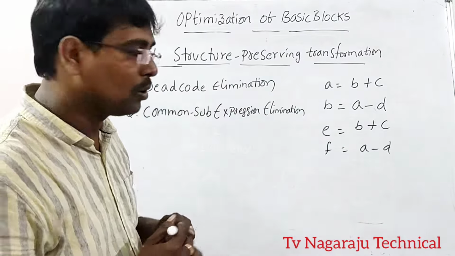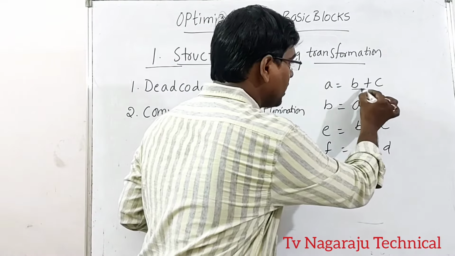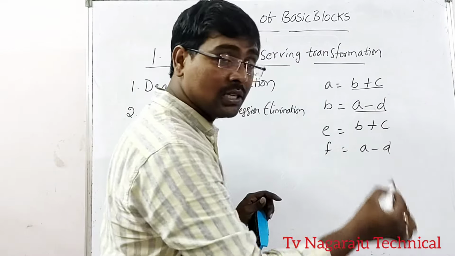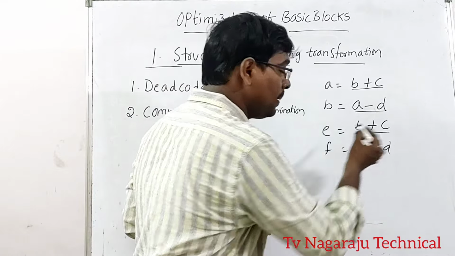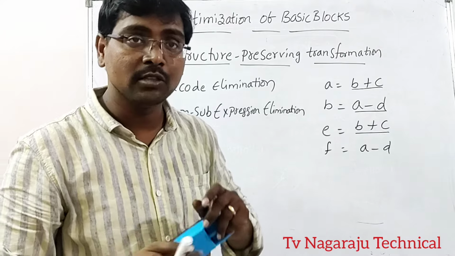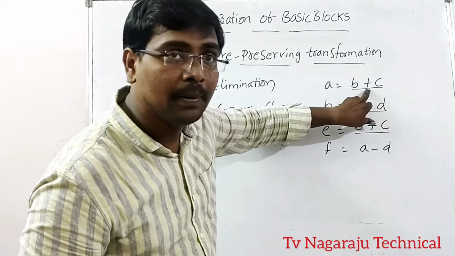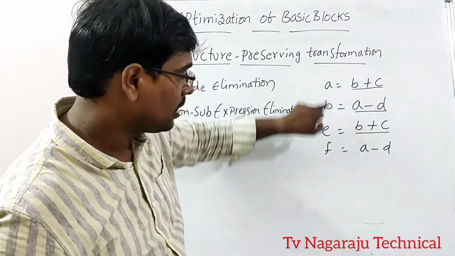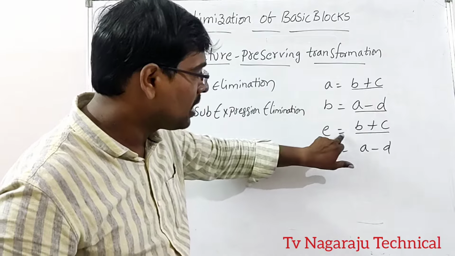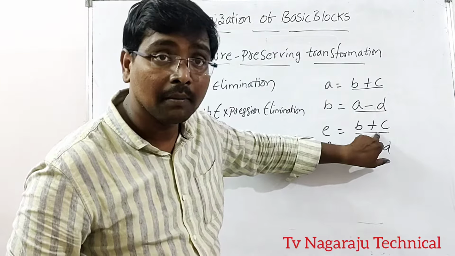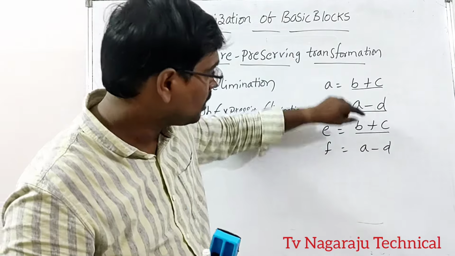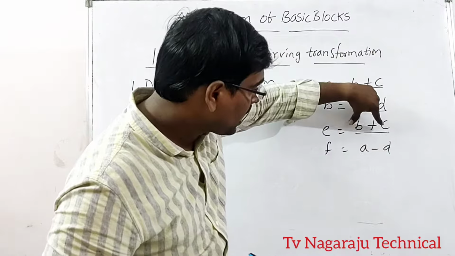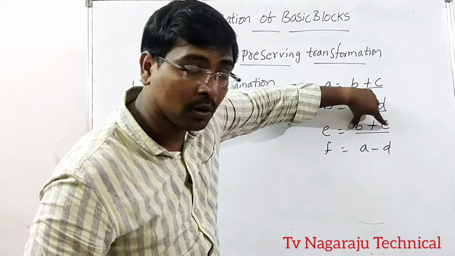If this is the program, first I calculated b plus c, here I calculated a minus d. Here whenever b plus c occurred, we might assume b plus c is already calculated and stored in a. But observe carefully, here I calculated b plus c, and here I am using b plus c one more time.